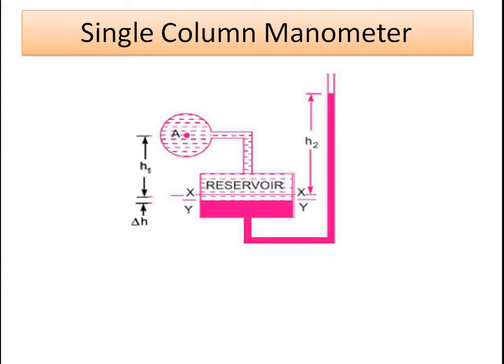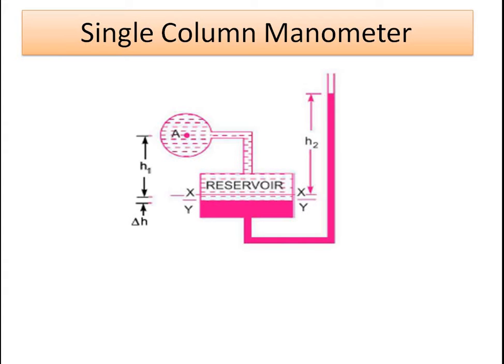So we'll start with the single column manometer. We have already seen the theory behind it. This is the example of a single column manometer, where we want to measure the pressure. Let H1 be the height of the reservoir to the point A1 whose pressure we want to measure. Delta H is the change in the reservoir level with respect to its datum position due to additional pressure in container A. That change in height causes a rise in the capillary tube up to level H2.